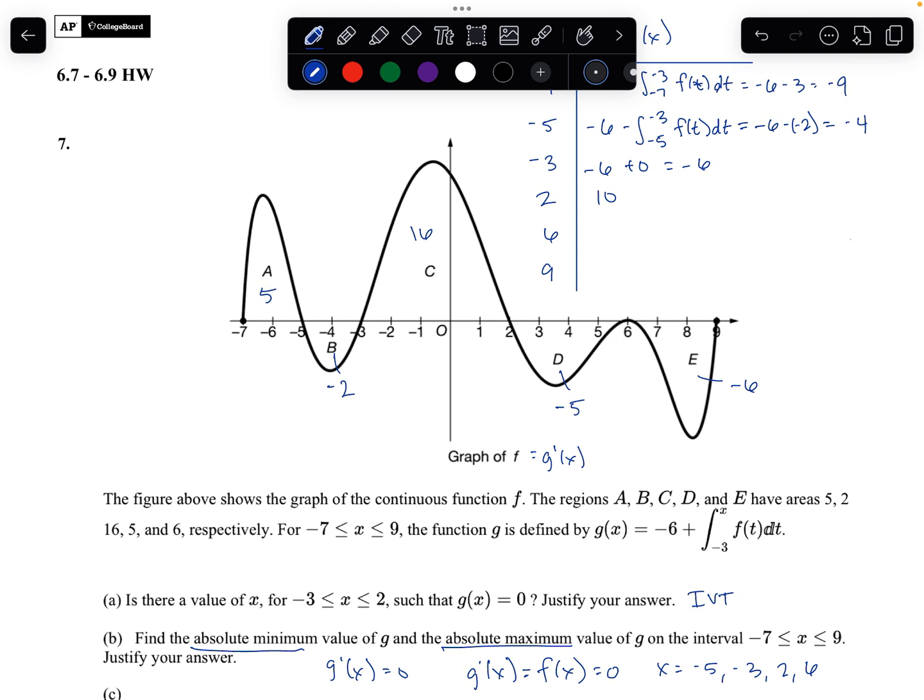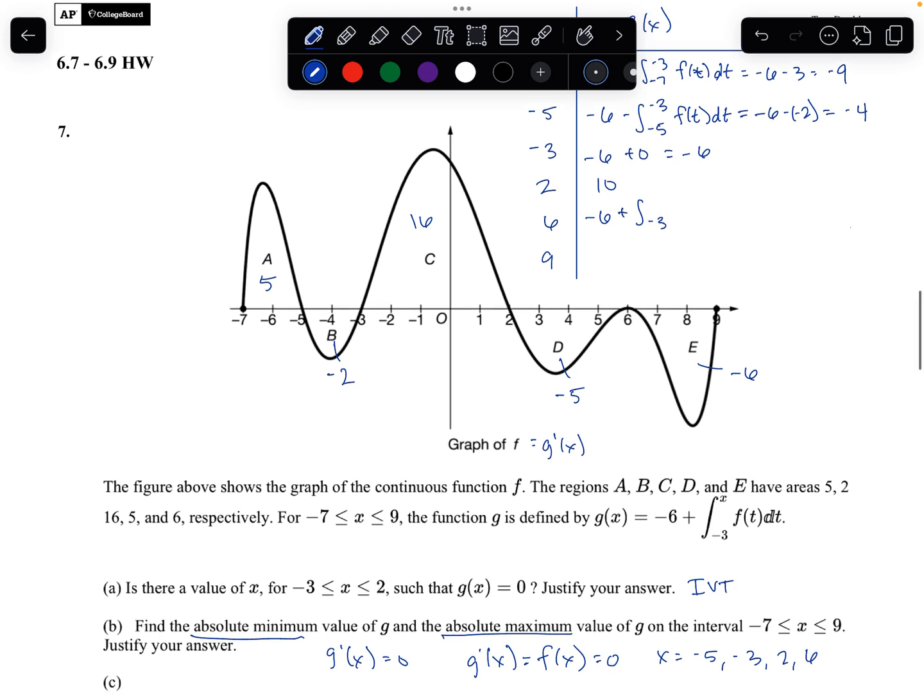And then for 6, that's going to be -6 plus the integral from -3 to 6 of f of t dt. And from -3 to 6, that's 16 minus 5, which will be 11, so plus 11.